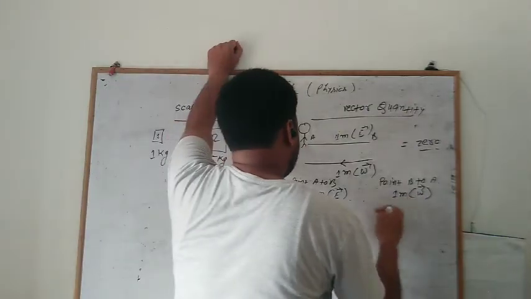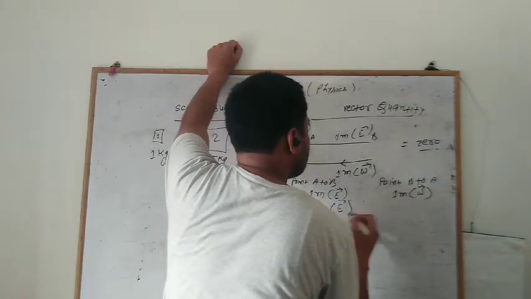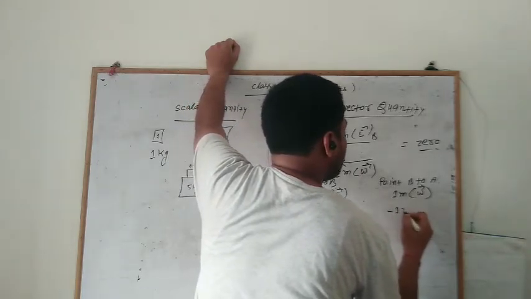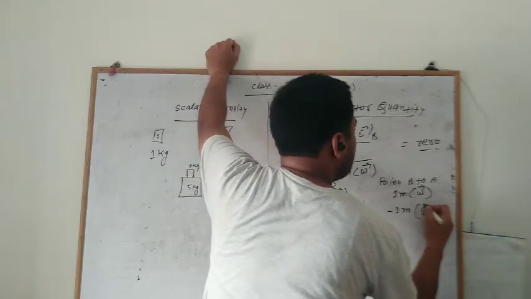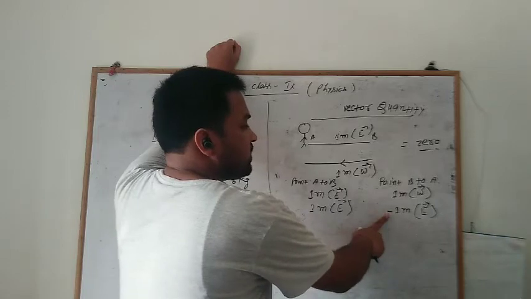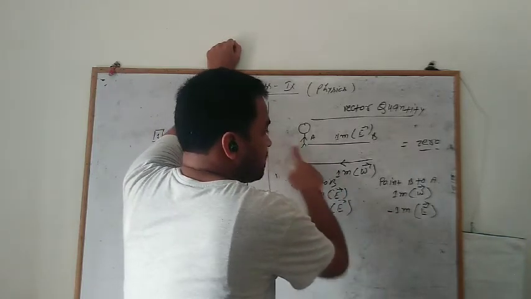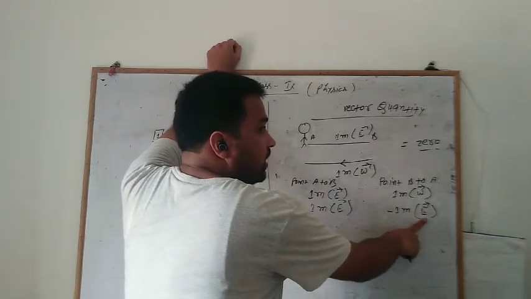So in this way we can write 1 meter east, and this can be written as minus 1 meter east. So this negative sign signifies that this 1 meter is traveled by this person in the direction opposite to east.